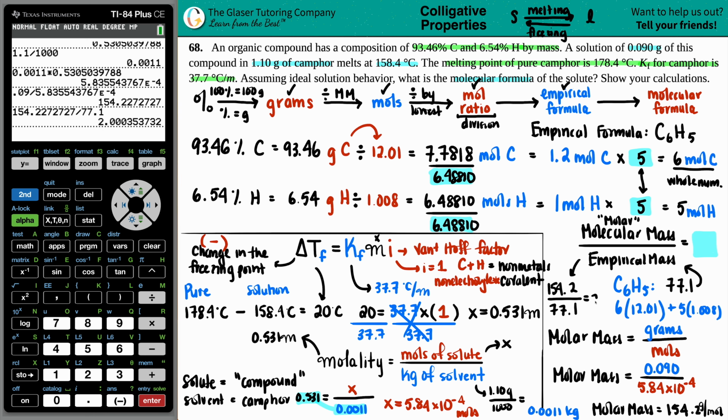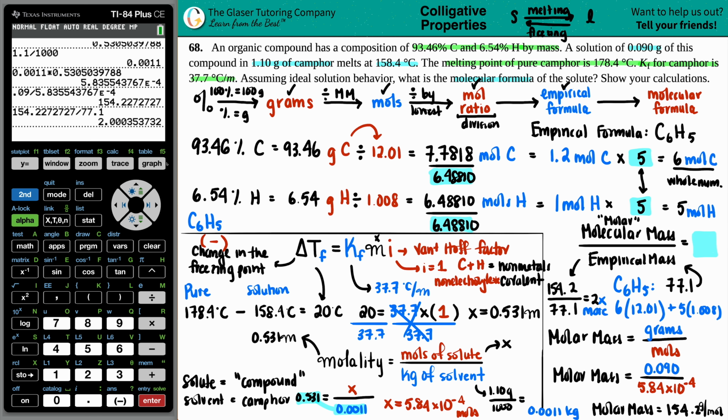This is 2. That means that my molecular formula should be 2 times more than the empirical formula. We stated that the empirical formula was C6H5.